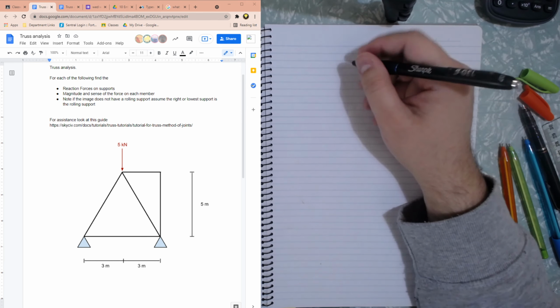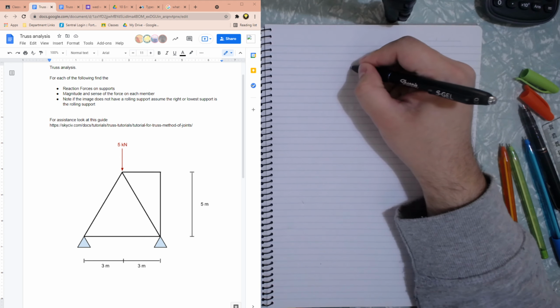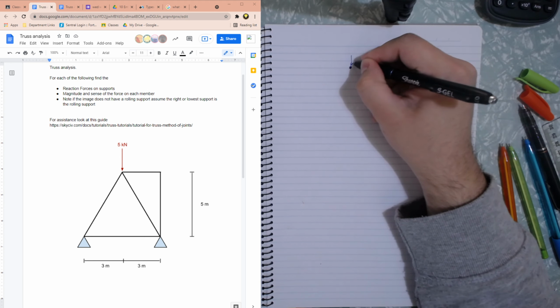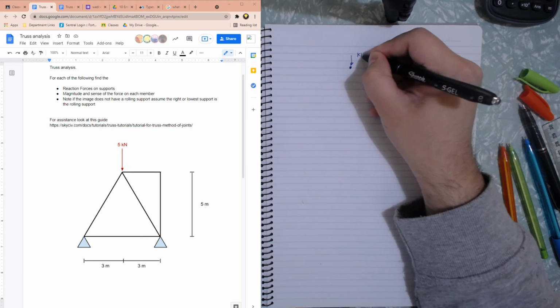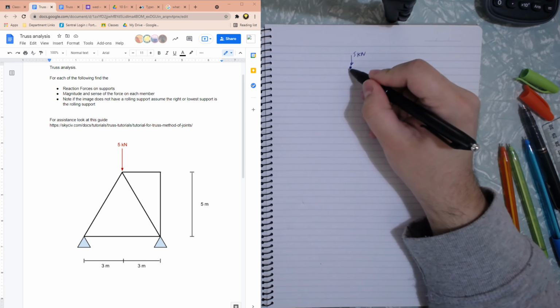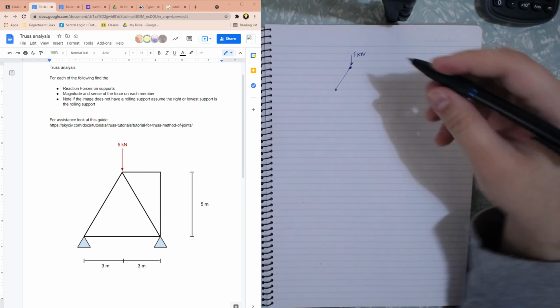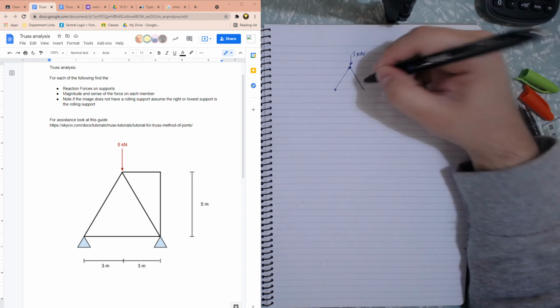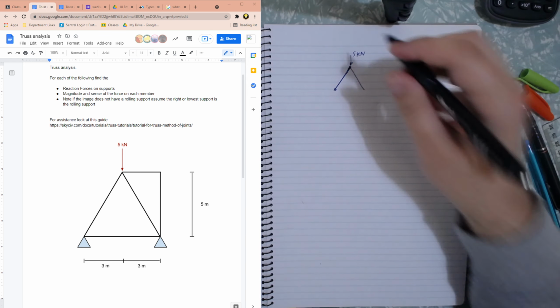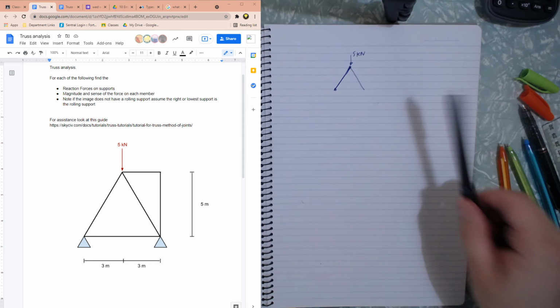In this scenario over here, we have a node. We have a 5 kilonewton force, and we have two members coming out like this. We already know the angle of these.